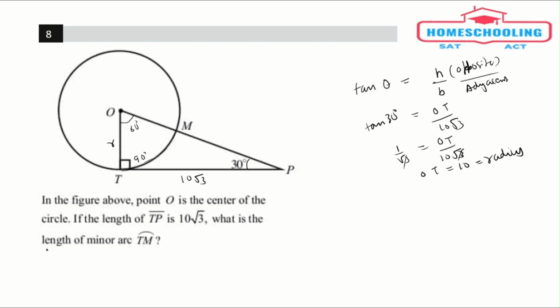So now we can find the length of arc TM. Length of arc TM is equal to theta by 360, so 60 by 360 into 2 pi r. R is 10. This is going to go 6 times, 3 times. So 10 by 3 pi.